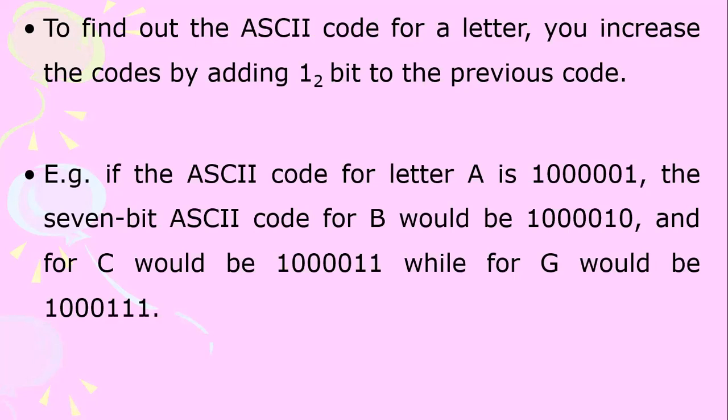For example, if the ASCII code for letter A is 1000001, then the 7-bit ASCII code for B would be 1000010, because 1000001 plus 1 will give you 1000010, according to the rules of binary addition that I've discussed in depth in part 2 and part 3 of my presentations in this series that are already posted on the MLSwap ICT YouTube channel.